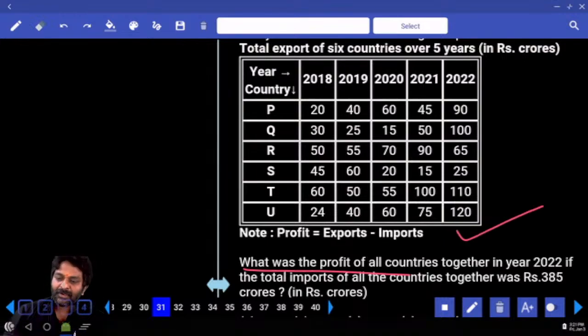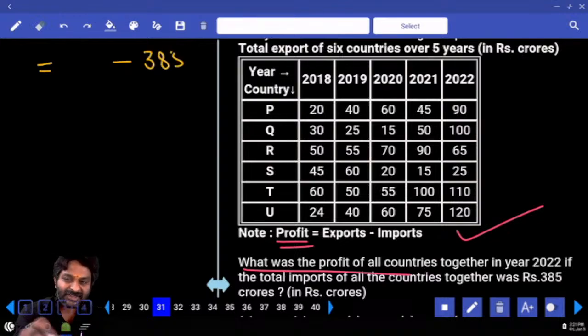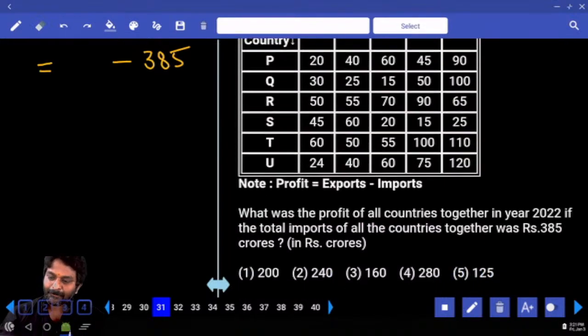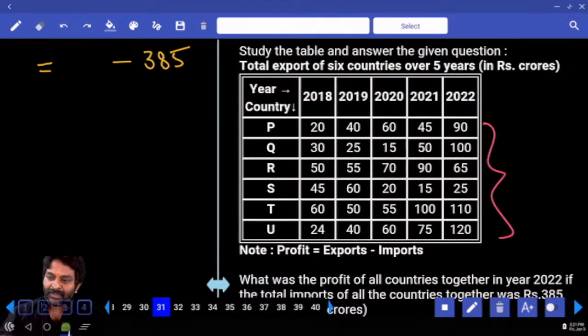Last one. If the total imports of all the countries together was 385. By definition, profit is equal to exports minus imports. All imports put together is 385. Correct? So now we have to identify how much is the total export.